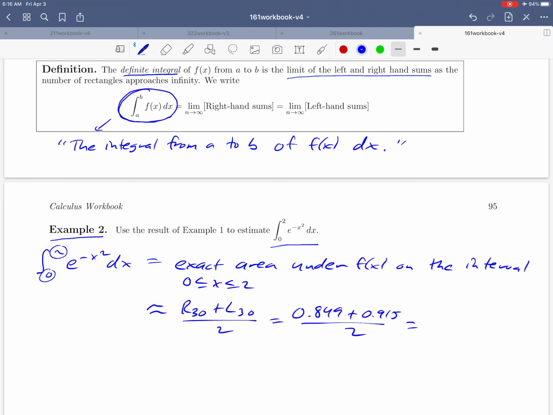And we're still going to get the same number of 0.882. So there's really nothing different in this calculation other than the fact that we introduced a new way of describing it. This notation, this integral, is just a way of representing this number, this exact area under the curve. And in the future examples, we'll continue working with this notation and using it as a way of helping us estimate area.